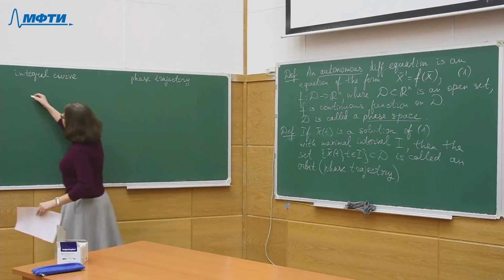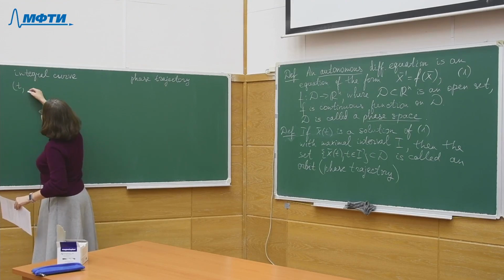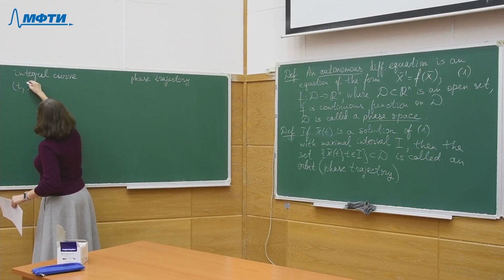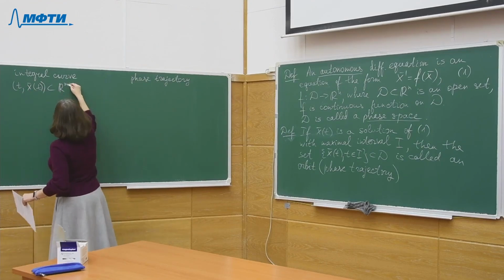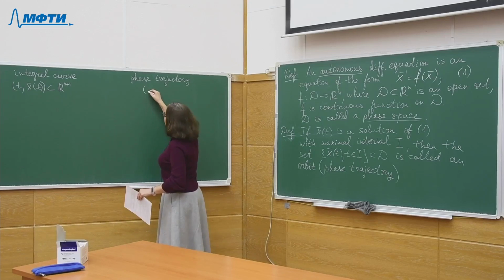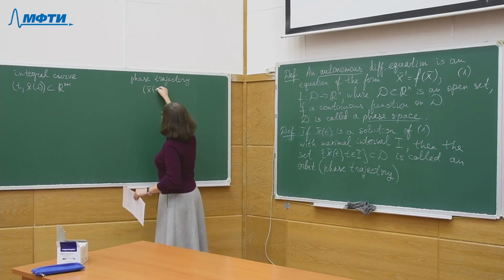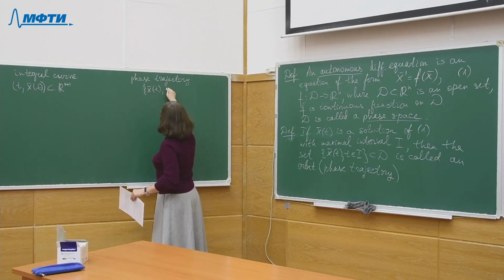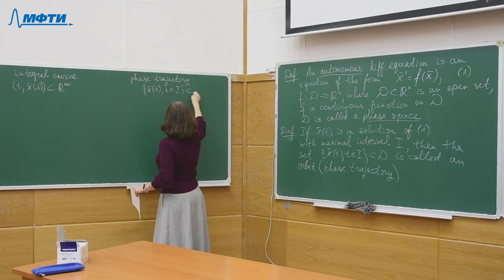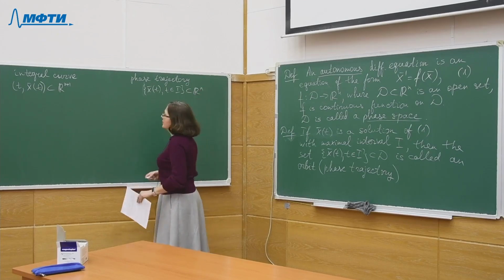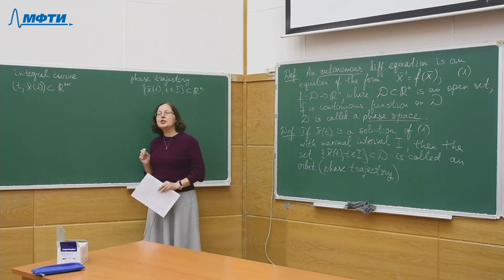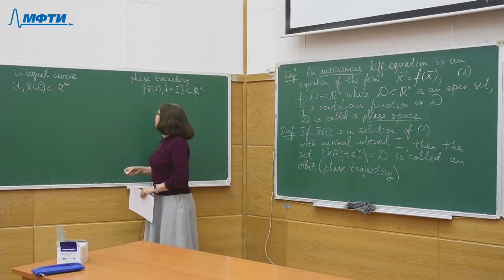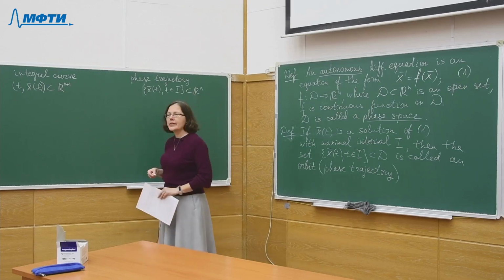But for the integral curve, we need the graph of the function t, x of t. It is in Rn plus 1, in dimension n plus 1. But the phase trajectory is just the projection of an integral curve. So the set of points x of t, t is in I, and it is in Rn.